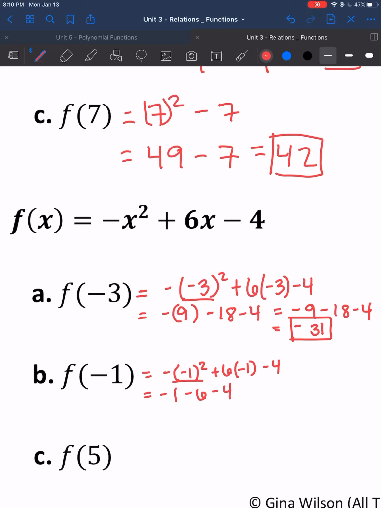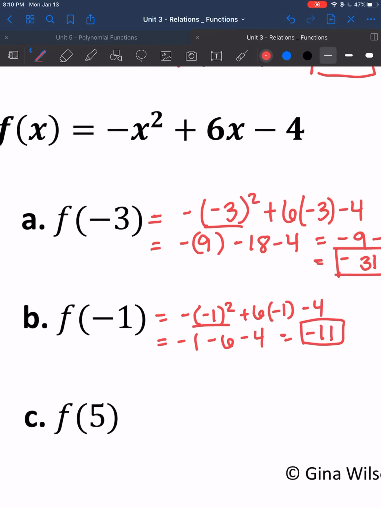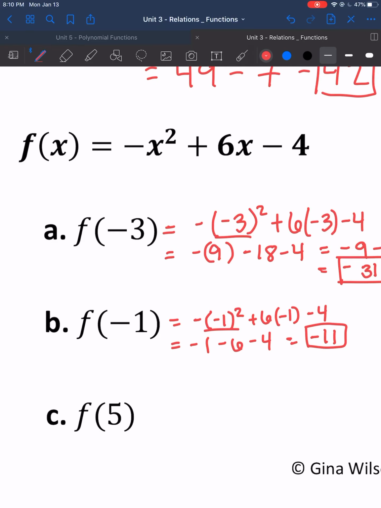So negative 1 minus 6 minus 4 gives me negative 11. So when you need to find f of negative 1 for this function, you get negative 11. This is very similar to what we did last time when we plugged them in using tables. This is just a different way to represent it.